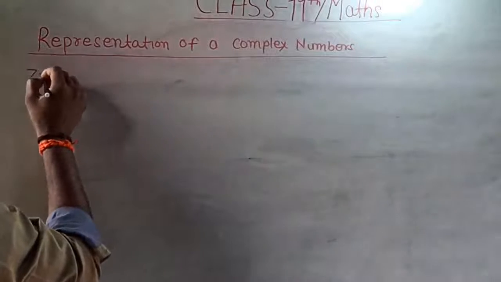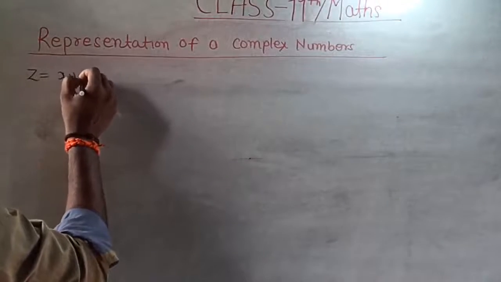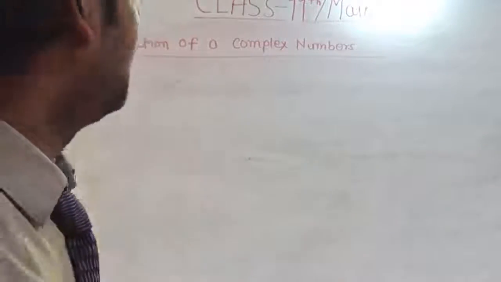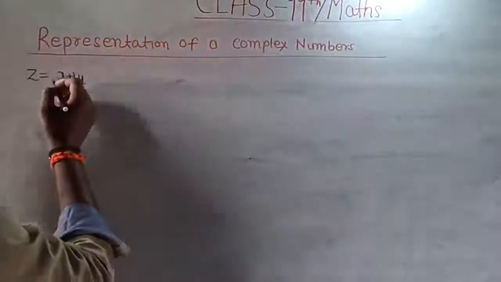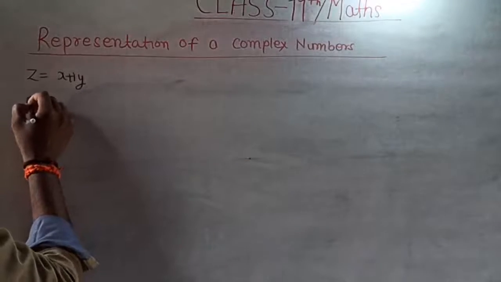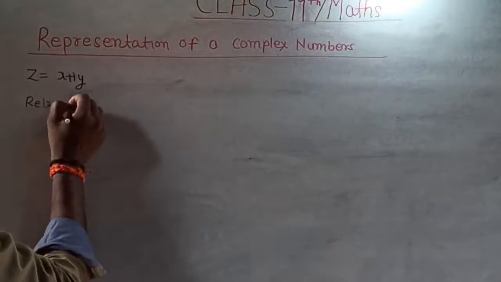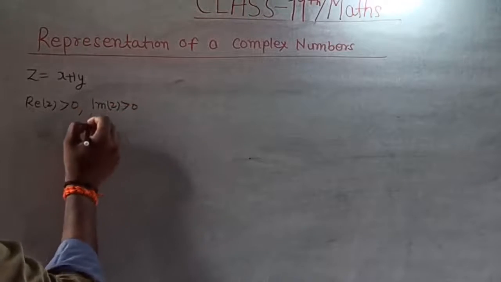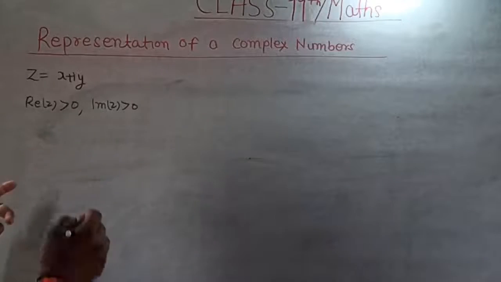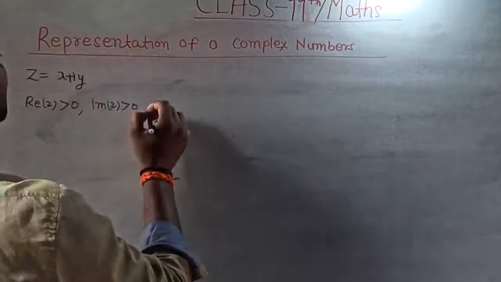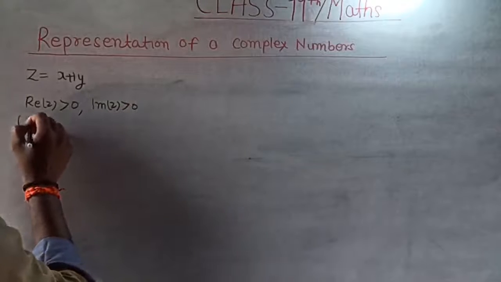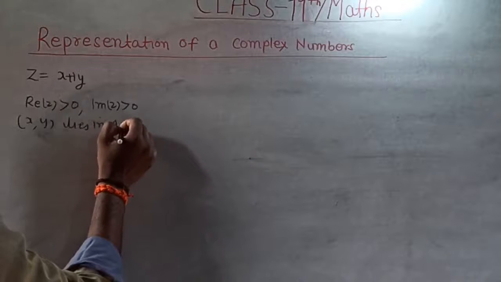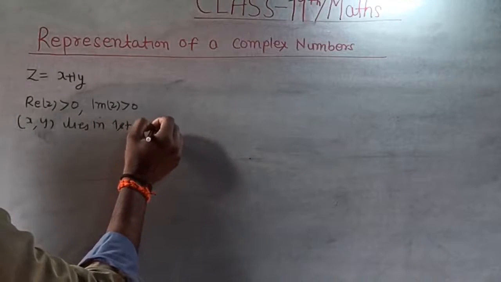Let z equal to x plus iy be a complex number. If the real part of z is greater than 0 and the imaginary part of z is also greater than 0, then x comma y lies in the first quadrant.